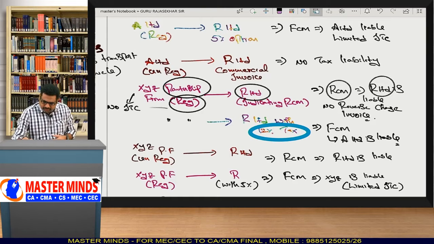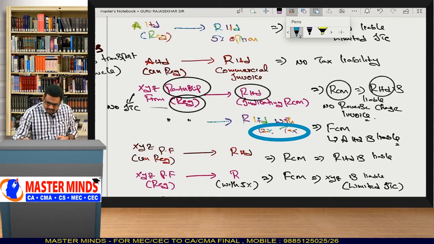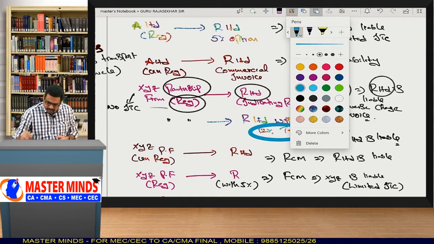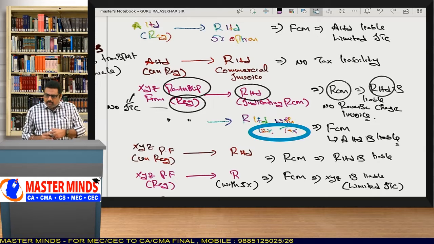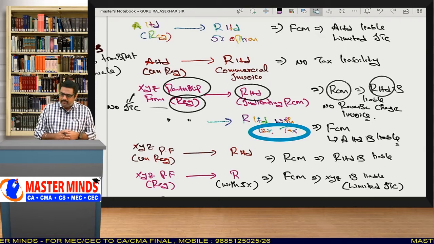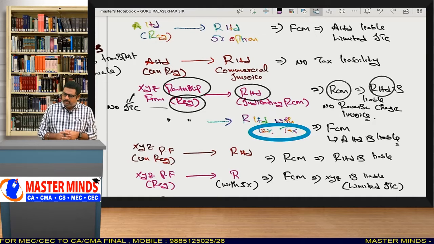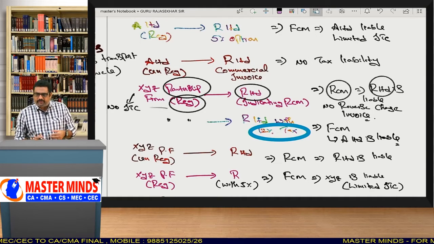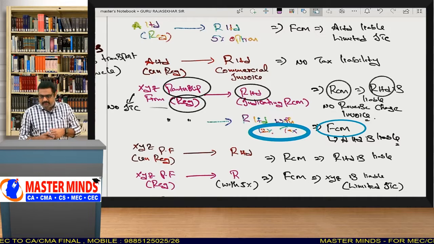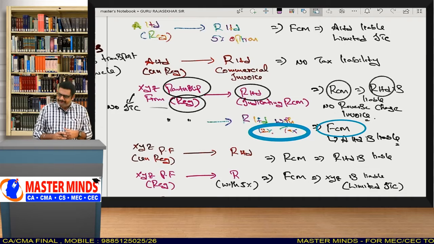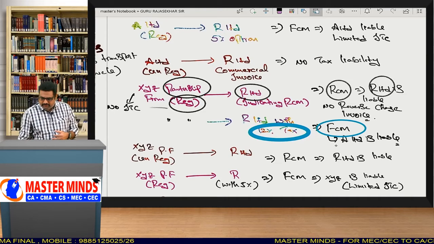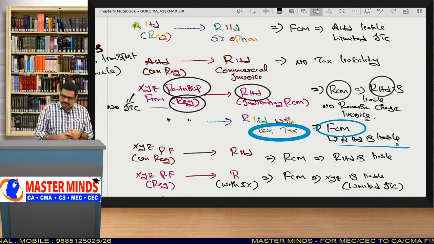If we are charging 12%, then is FCM applicable or RCM applicable? Which one is applicable? FCM will be applicable. So who is liable to pay the GST? A Limited is liable to pay the GST.